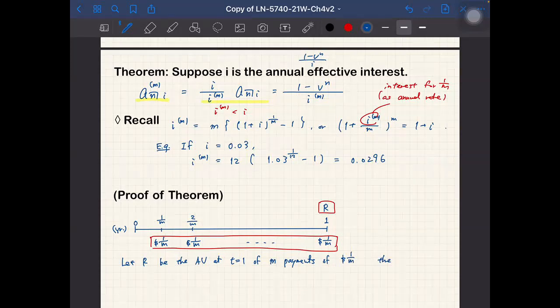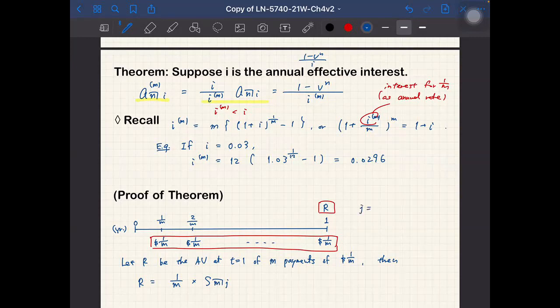Then what is R? We can use the accumulated annuity immediate formula to calculate R. So R is 1 over m times s angle m, because this is m payments of 1 over m dollars at interest rate j, and j is the effective rate for 1 over m year.